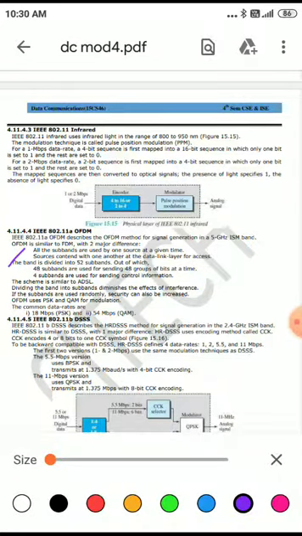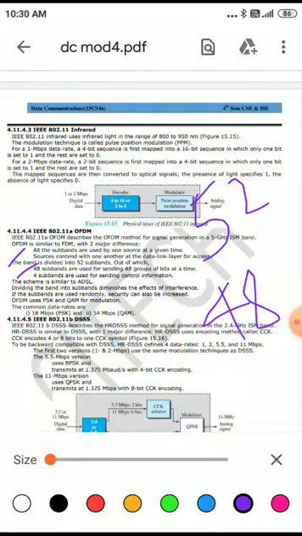Next, the band is divided into 52 sub bands. Out of 52, 48 sub bands are used for sending 48 groups of bits at a time.